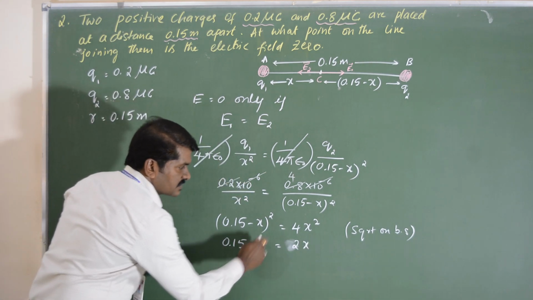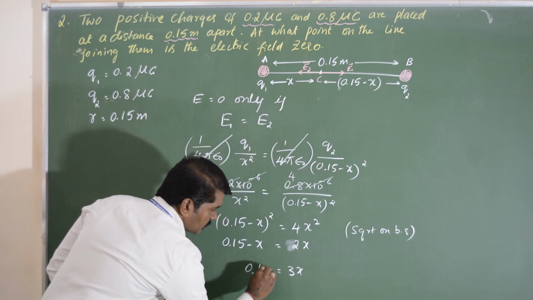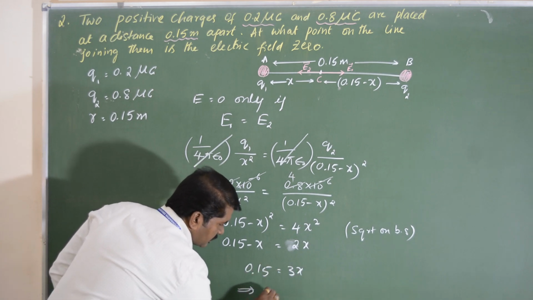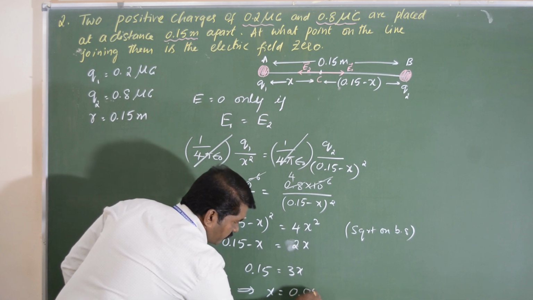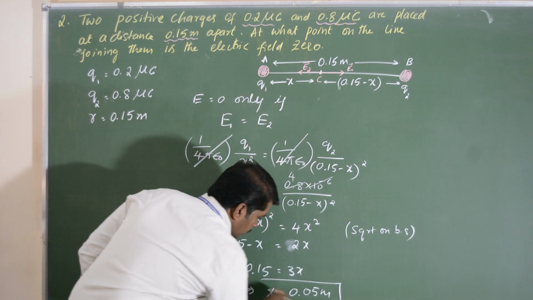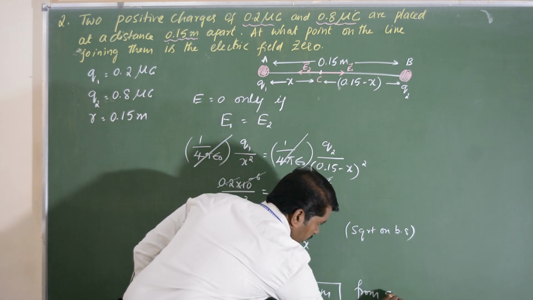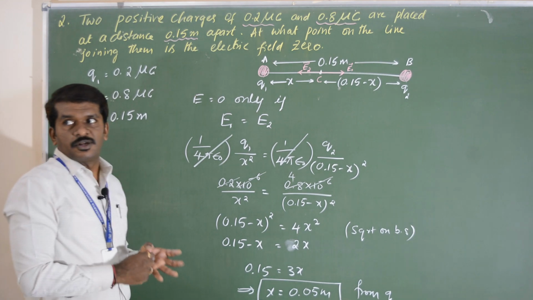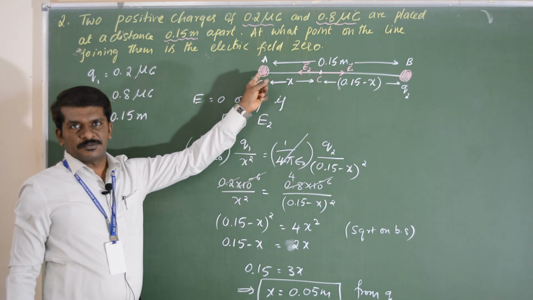If I take this minus x to that side, that becomes 3x is equal to 0.15. This implies x is equal to 0.05 meter from Q1. So this is the solution of the value of x from the charge Q1.